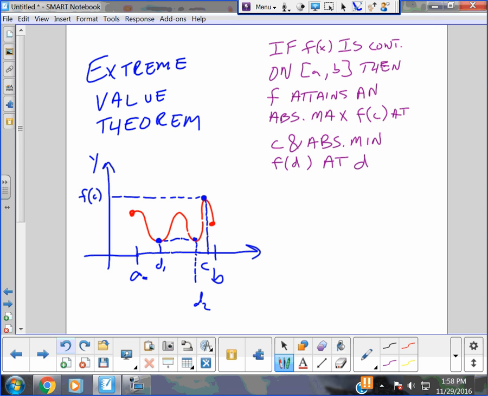What's the value of both of these? F of D. I would do F of D asterisk down here because the asterisk gets replaced with the 1 and 2. But if I ask you for the absolute minimum, it's still a single statement. If this was 5 and 3, the absolute minimum is 3, happening at D1 and D2. The absolute maximum is 5, happening at C.